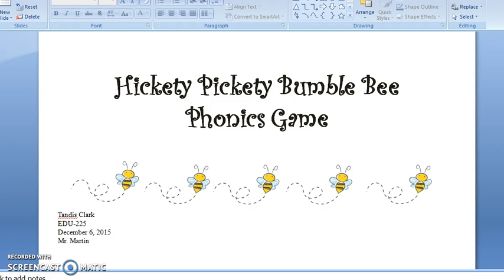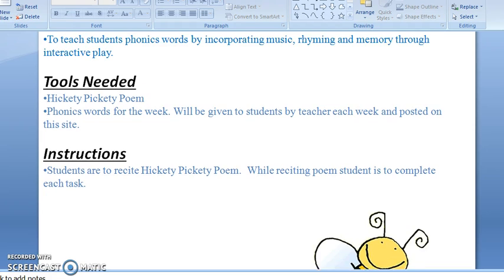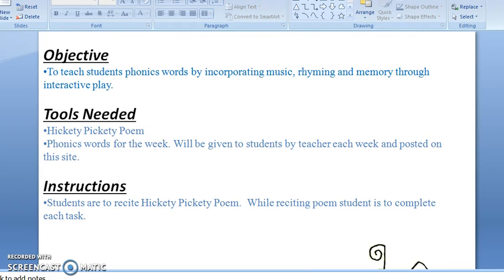We've been doing this in first grade for a while. So let's just scroll through and take a look and see how this process is done. The tools that you will need are just the Hickety Pickety poem. Most of the students know that because we recite it every day. And then the phonic words or spelling words that we use for the week.